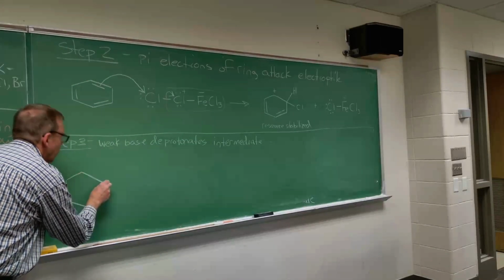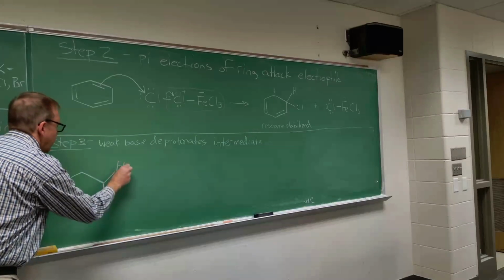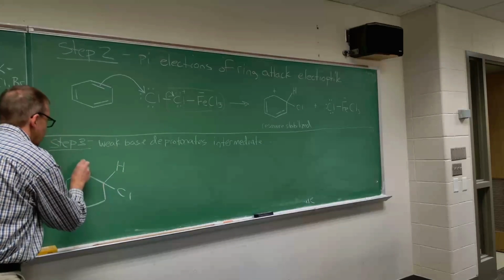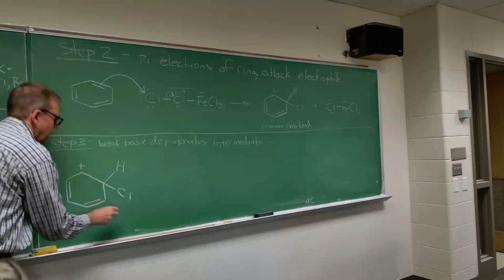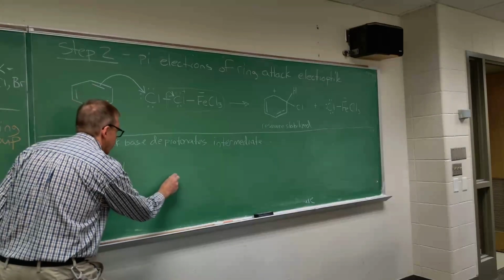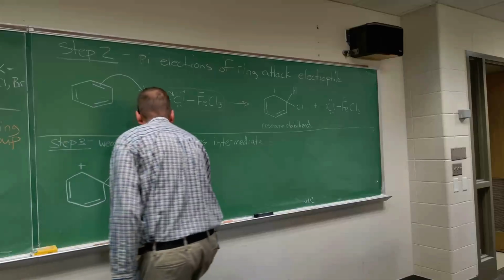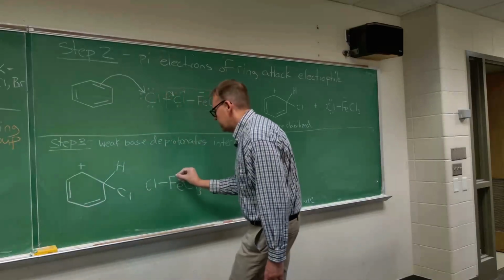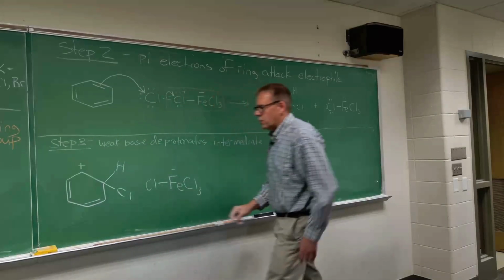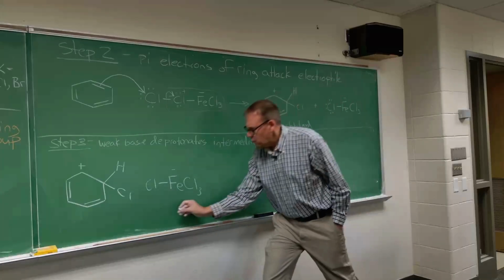So we have our non-aromatic intermediate that now has a chlorine attached. And its counterion is this iron that's got 4 chlorines attached to it and has a formal minus charge. This functions as the weak base.